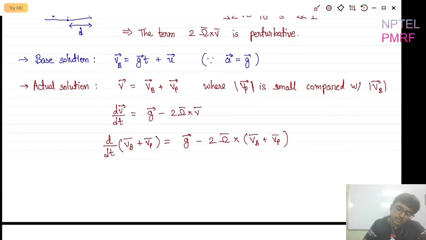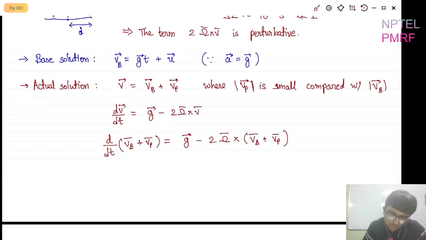And we know that d by dt of vb is just g. So d by dt of vb is g plus d by dt of vp. What we want to know is this vp, because the rest is already known. Once we know the velocity, we can calculate the displacement, and from that we can get the final deviation. So we are trying to calculate this vp.